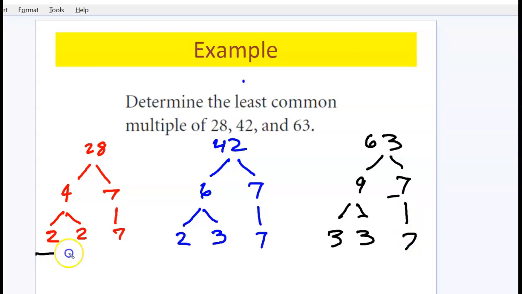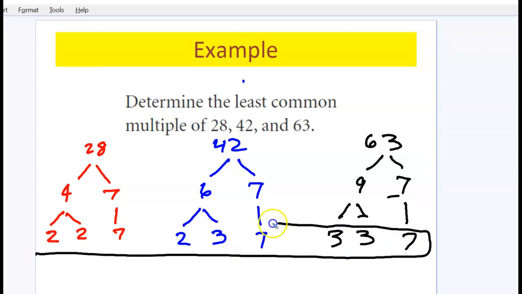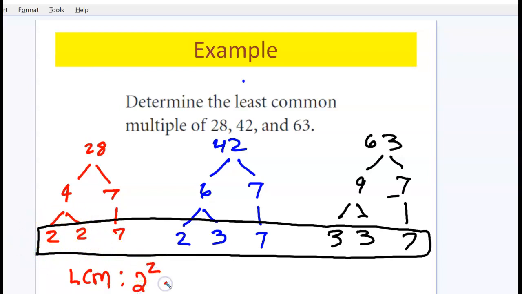So now we have to look at this whole row here. Those are all the prime factors of all 3 numbers. So to find the lowest common multiple, let's start. I notice I have a 2 here, and it shows up the most in 28, and there's 2 of them, so it's going to be 2 squared.